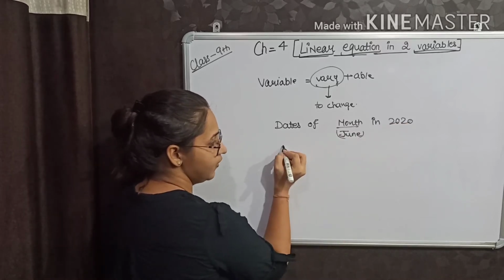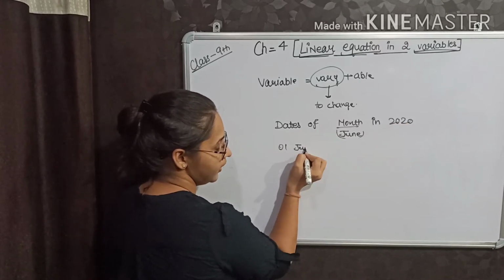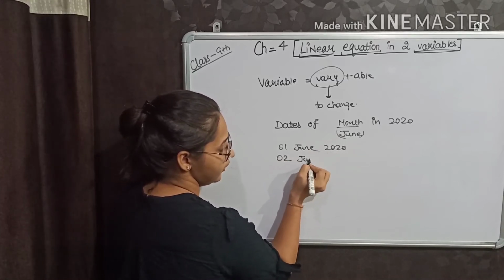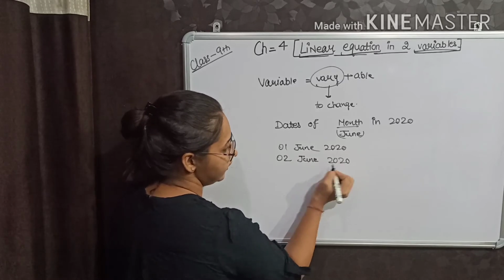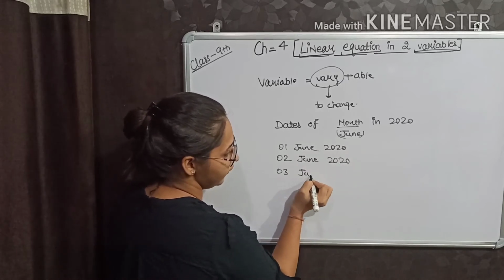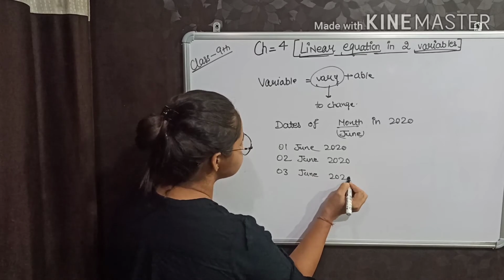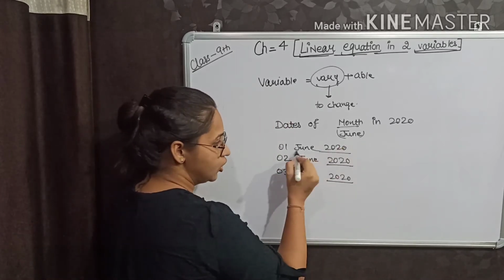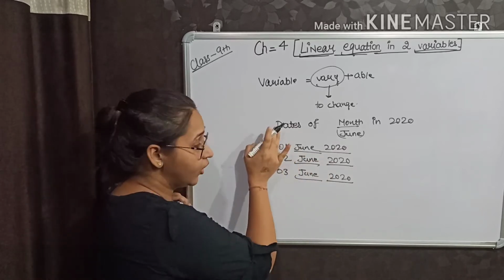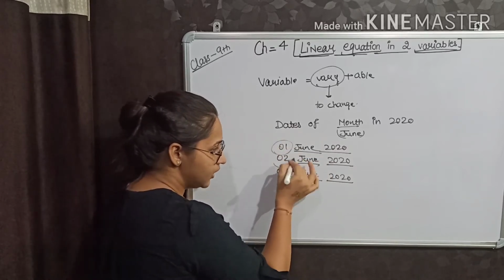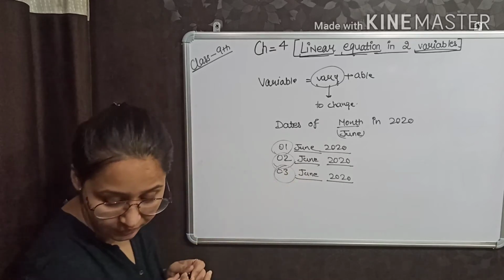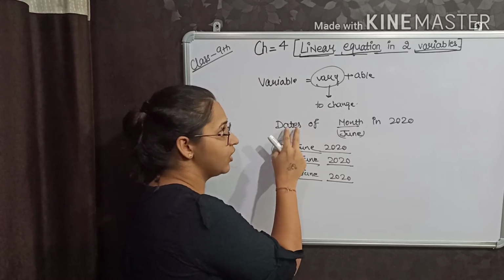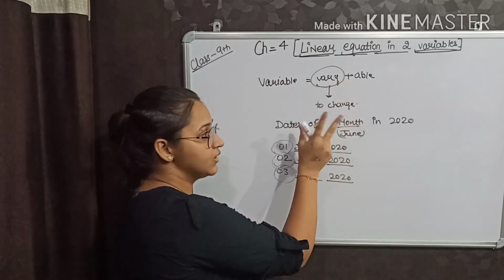So dates will be 1st June 2020, then 2nd June 2020, then 3rd June 2020, and so on. It means, see here 2020 constant, it is same, June is same, but the quantity that is changing is date. Okay, date of a month.